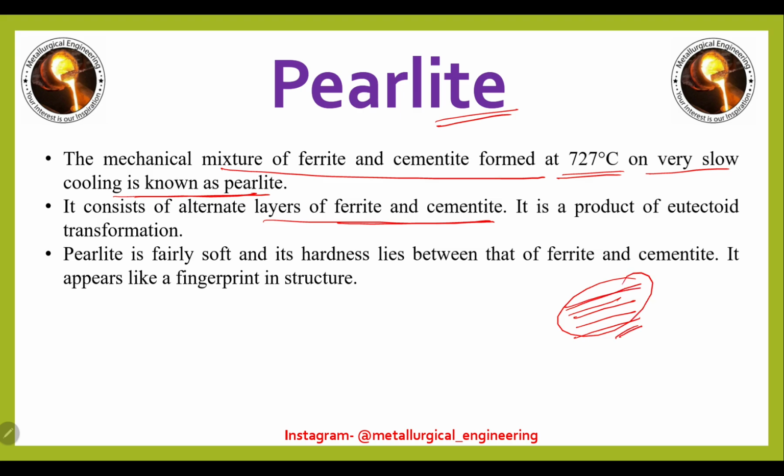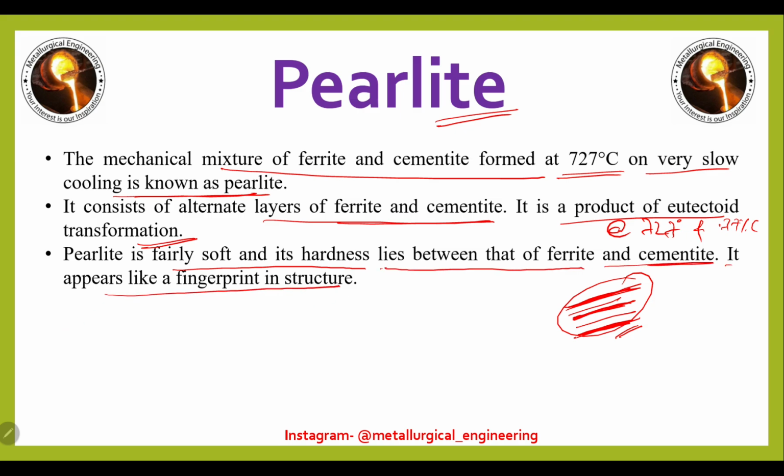It is a product of eutectoid transformation at 727 degrees centigrade and a composition of around 0.77% of carbon. Pearlite is fairly soft and its hardness lies between that of ferrite and cementite. It appears like a fingerprint in structure, and the morphology is lamellar. It's called lamellae.